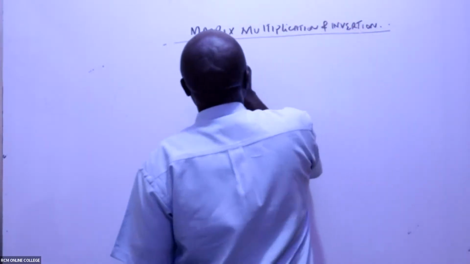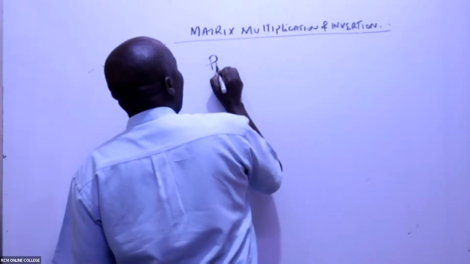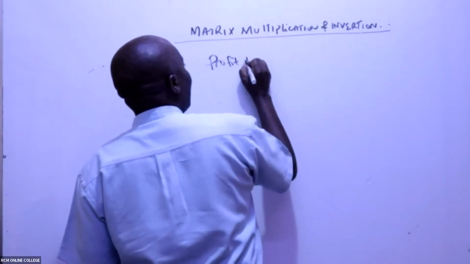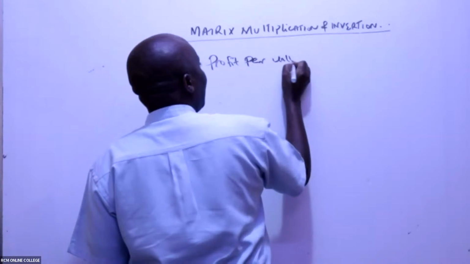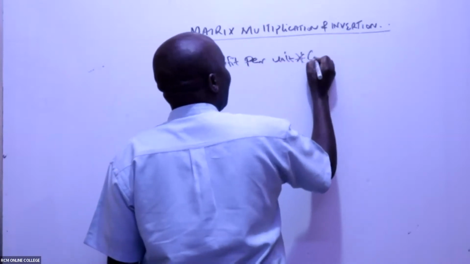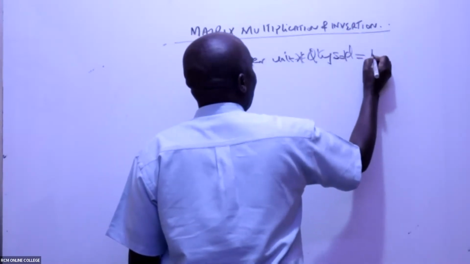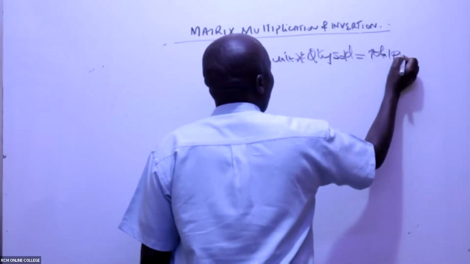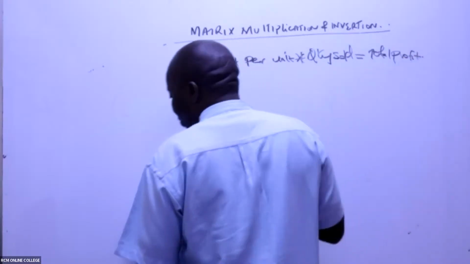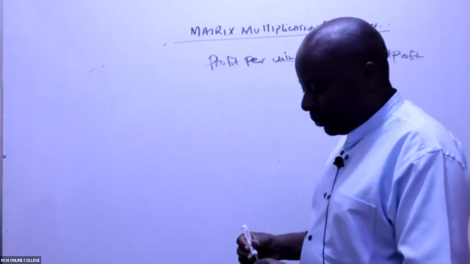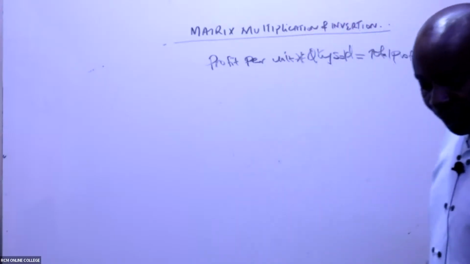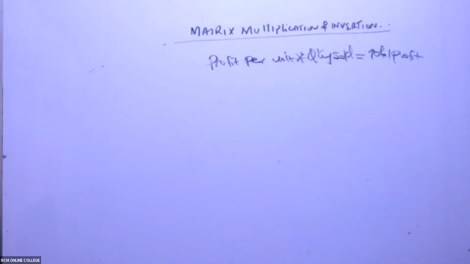You will take profit per unit, then you multiply this by quantity sold for you to be able to get what we call total profit. So if they want me to give them total profit, I will take profit per unit times quantity sold.